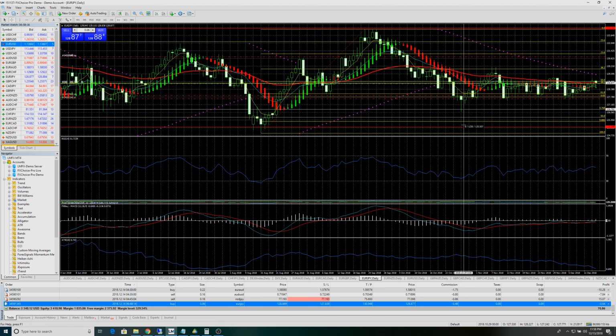And sure, your risk to reward suffers. At the same time, you're looking at 337 pips on the upside. So you're still getting out with a 2-to-1. You're still getting your 2-to-1 ratio, even with having that very large stop.